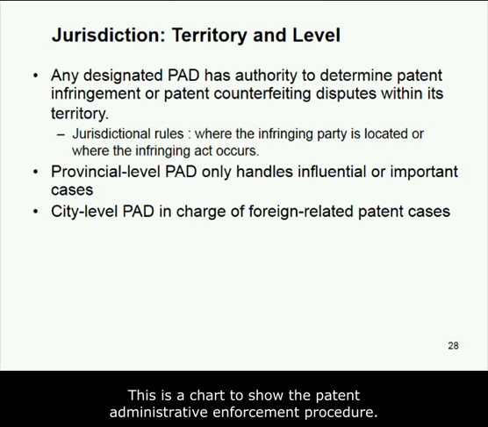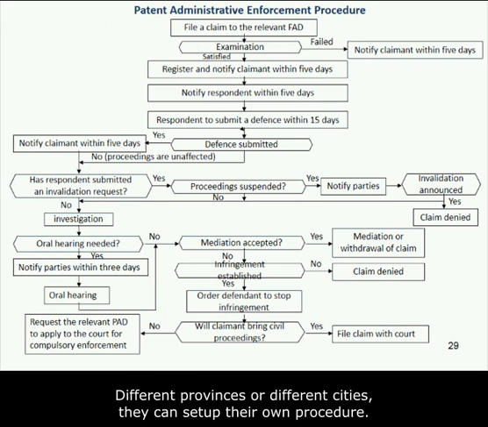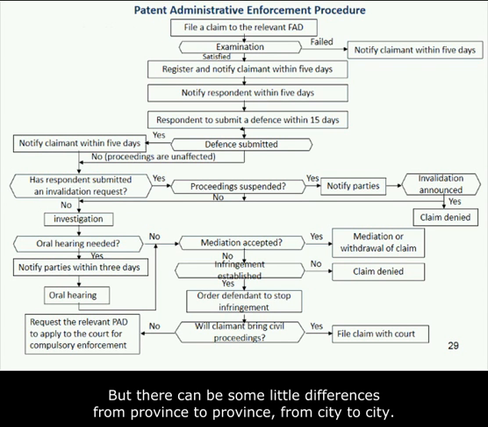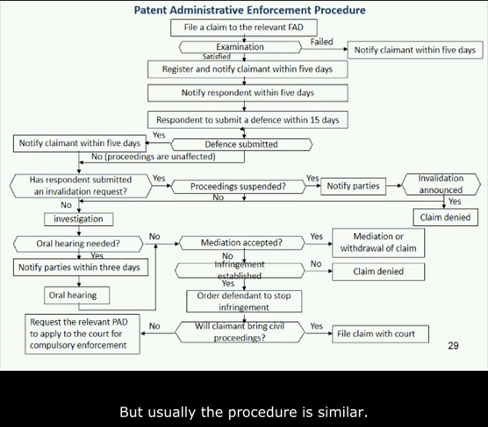This is a chart to show the patent administrative enforcement procedure. Different province or different city, they can set up their own procedure. This procedure is kind of normal, but there can be a little difference from province to province, from city to city. But usually, the procedure is similar.